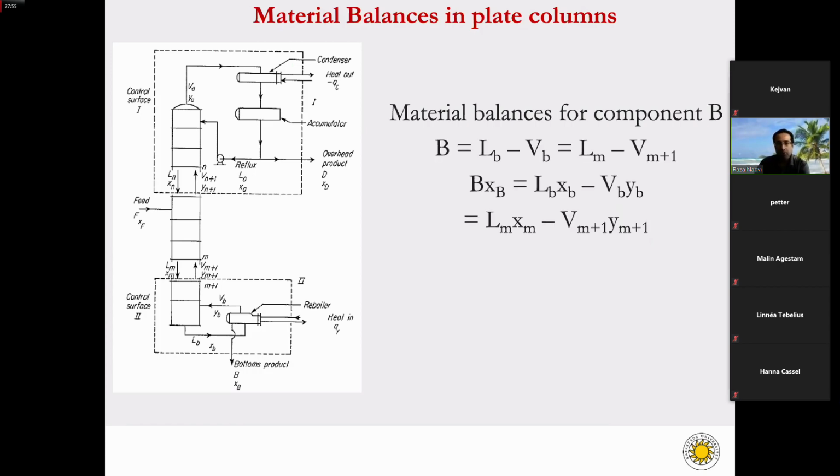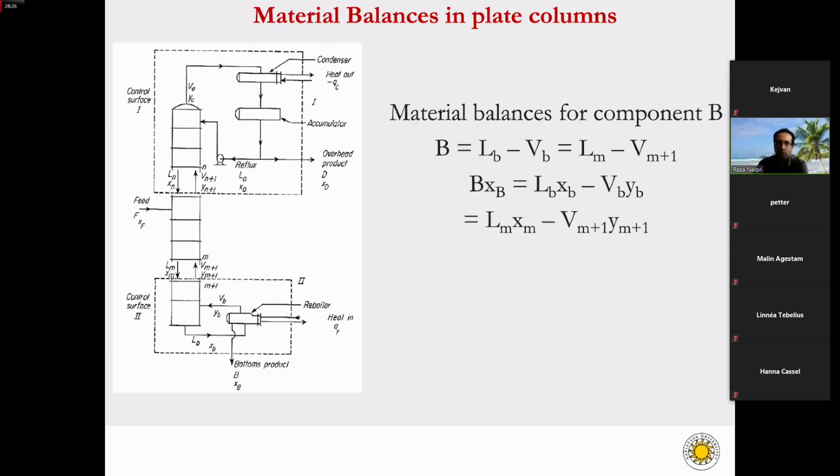Normally, when we make the material balance of the more volatile component, we denote our plates as N. But in the case of the material balance for component B, the less volatile or heavy component, we denote those plates as M. So we denote the plates below the feed plate, in the stripping section, as M, and we use the same terminology for designating the plates.